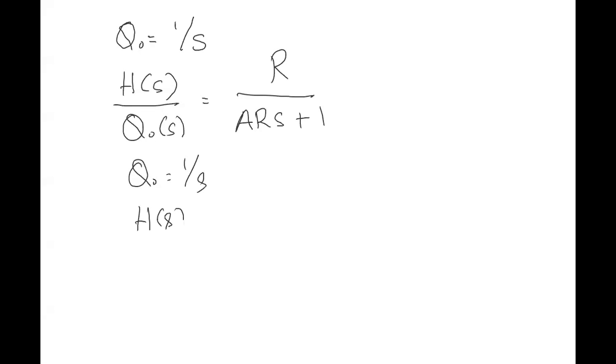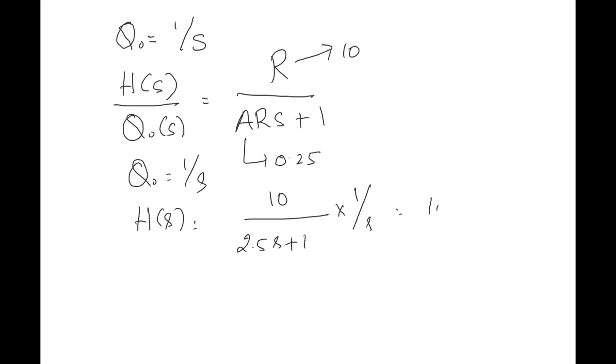Now Q naught of s equals 1 by s. Then H of s is equal to, let's take R equal to 10, A equal to 0.25, so this is 10 by 2.5 s plus 1, into 1 by s. So this is 10 into 1 minus e power minus t by 2.5. Now you plot capital H, how the height accumulates with respect to time.